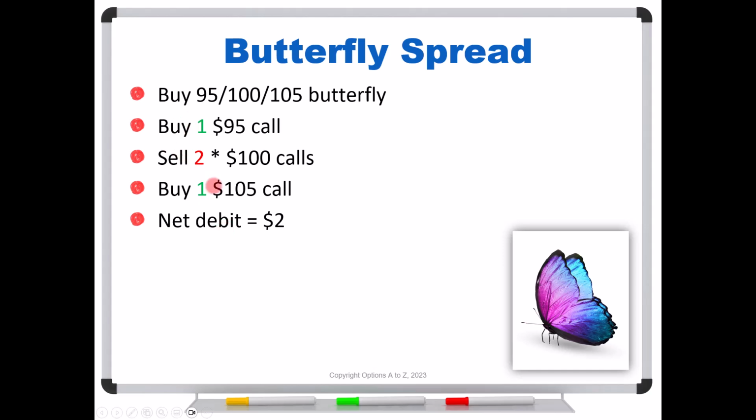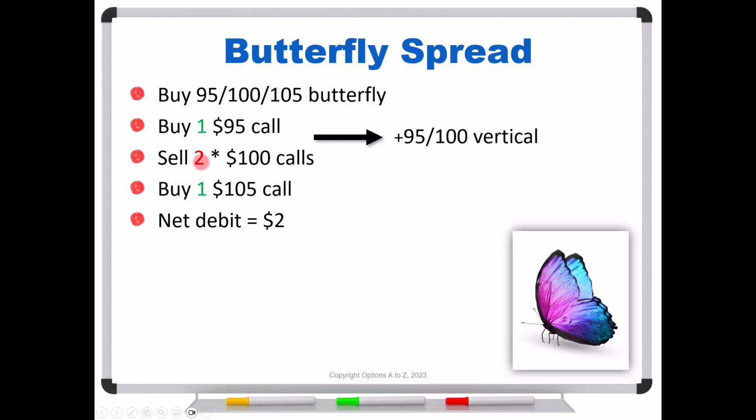Well, we can break this butterfly spread down into two vertical spreads. This is one of the many ways we can break it down synthetically. And here's what we're going to do. We're going to use this one long 95 call, and we're going to pair it up with just one of these short $100 calls. And if we do that, that would be a long 95, 100 vertical.